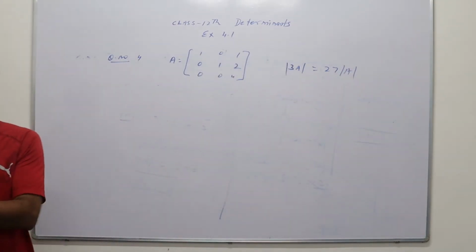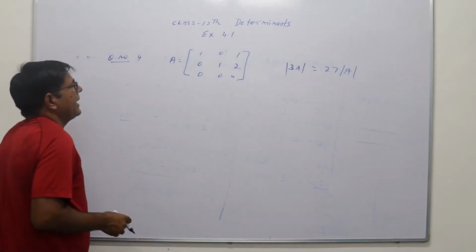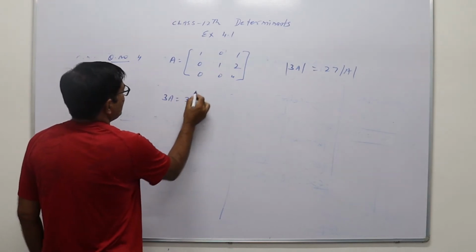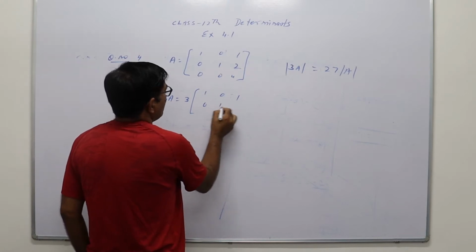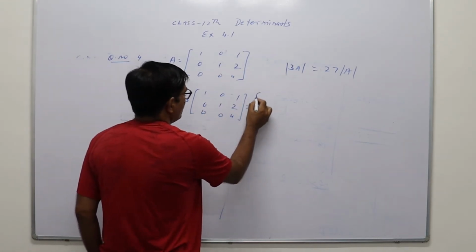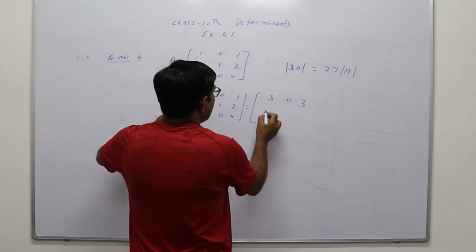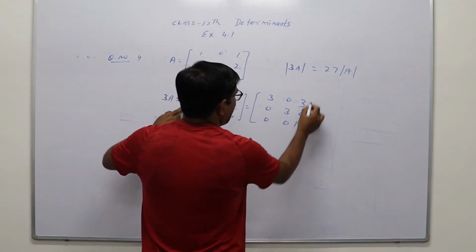So first of all, we have to find 3A. So 3A will be equal to 3 into the given matrix 1, 0, 1, 0, 1, 2, 0, 0, 4. So it will be equal to 3, 0, 3, 0, 3, 6, 0, 0, 12.